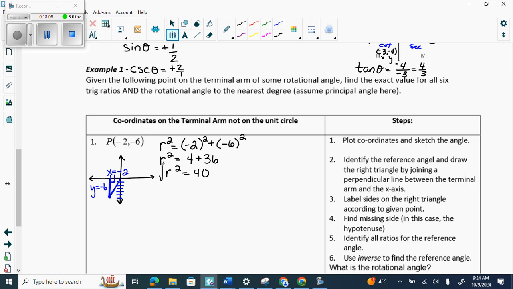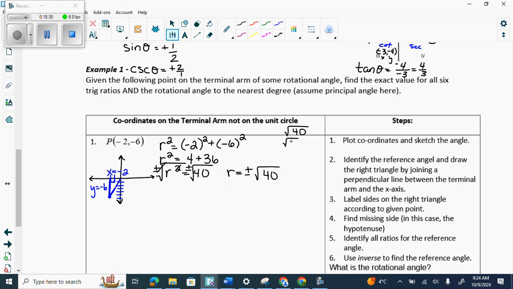You take the square root. When we take the square root, what must we always do? Use our hands, plus minus. So I get r equals plus or minus root 40. Let's break down root 40. Root 40 breaks down into what and what?